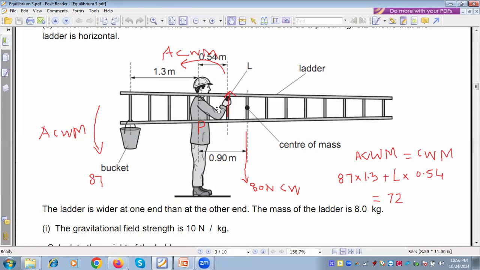But in order to keep it in equilibrium, because the weight is 80 and its distance is also smaller, 0.9 meters, so its moment is only 7.2, whereas the moment of bucket about the pivot is 113, means the force is to be downward. So it means this part is to be, let me correct it.